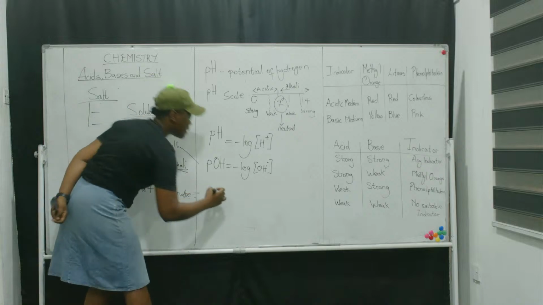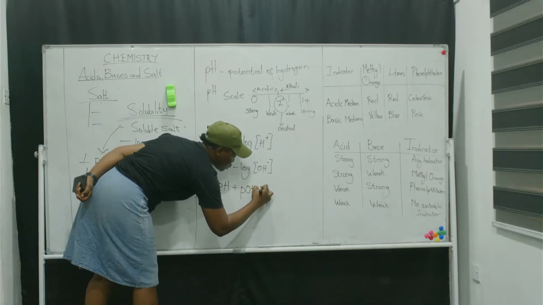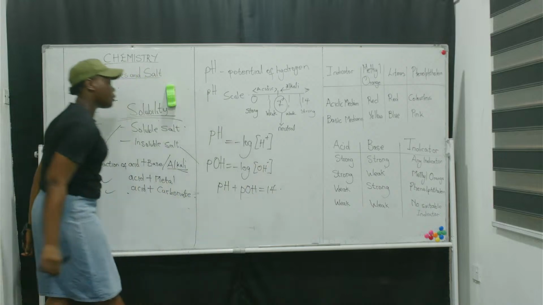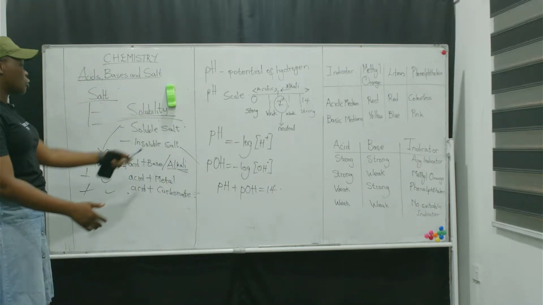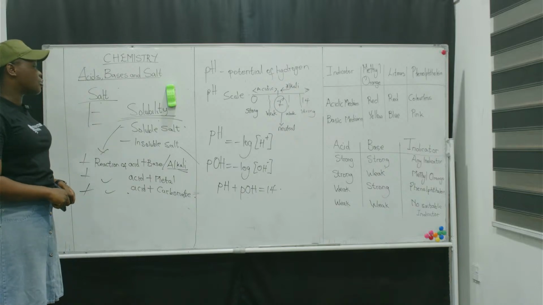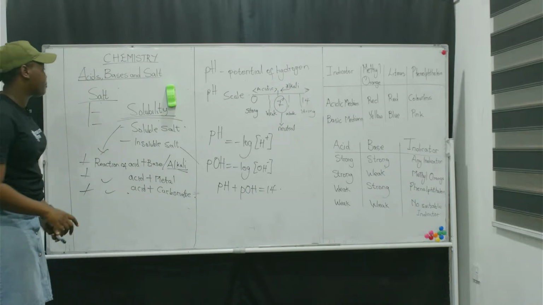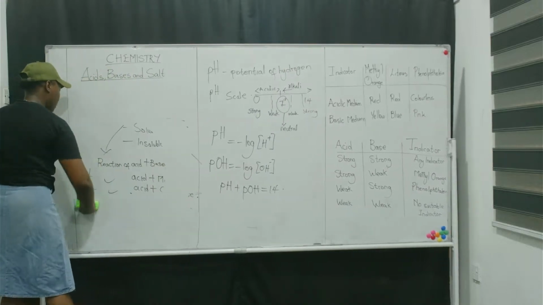And we concluded by saying pH plus pOH is equal to 14. We took some questions on that, and it was at that point we drew a curtain to it. So let's pick up from here.